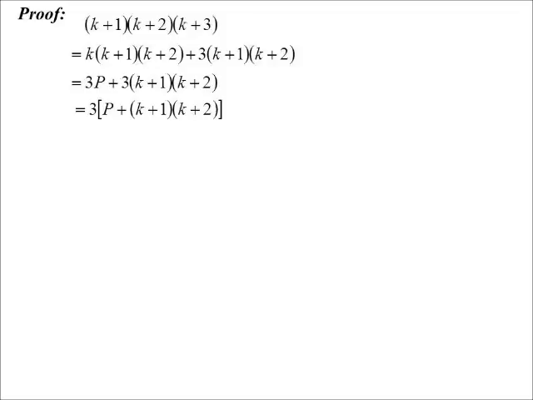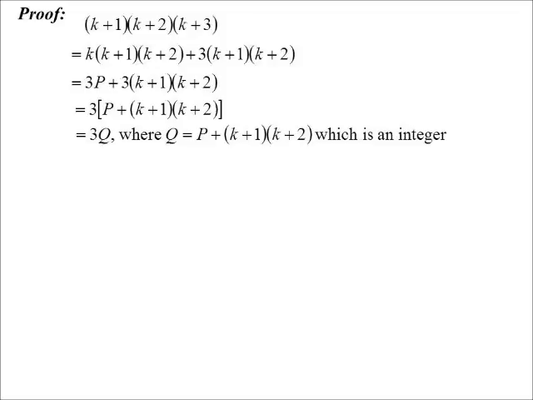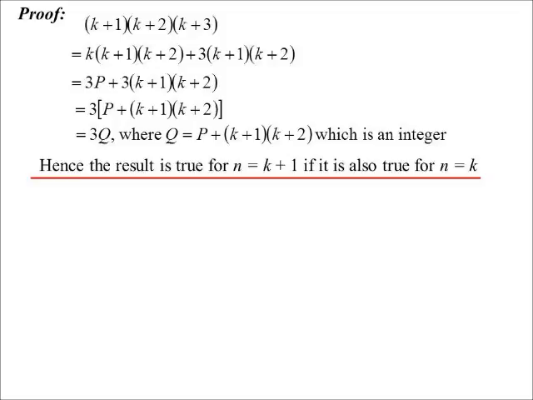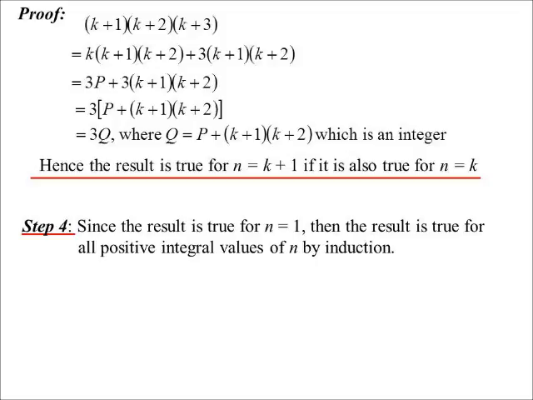So yes, p plus k plus 1, k plus 2 would end up being a whole number. So I can say it's equal to 3q. In this case, q would be p plus k plus 1, k plus 2, which does turn out to be a whole number. So that's not a problem. So hence the result's true for k plus 1, if it's also true for k, and we proved it was true for 1, then by induction it must be true for every positive integer.